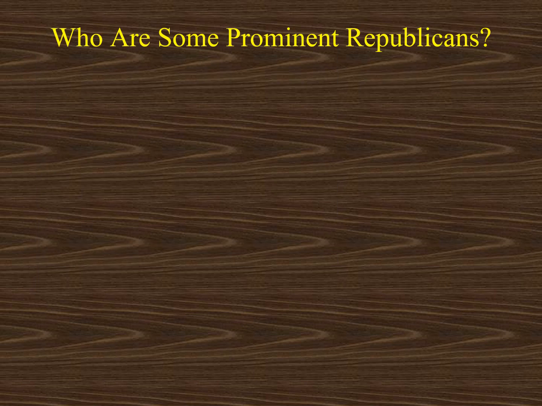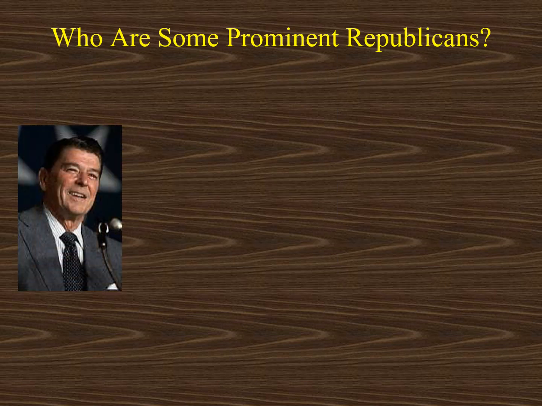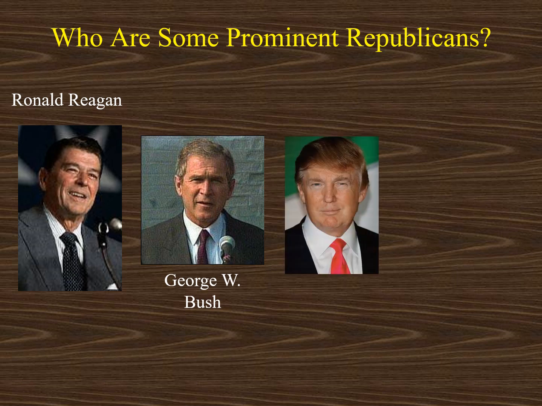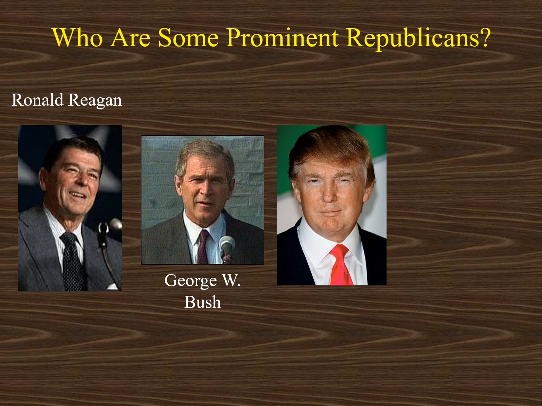We'll start with the Republican Party. Many Republicans today look to a former president of the United States as a hero. That would be Ronald Reagan. Another former Republican president is shown here, George W. Bush. Our most recent Republican president was Donald Trump.